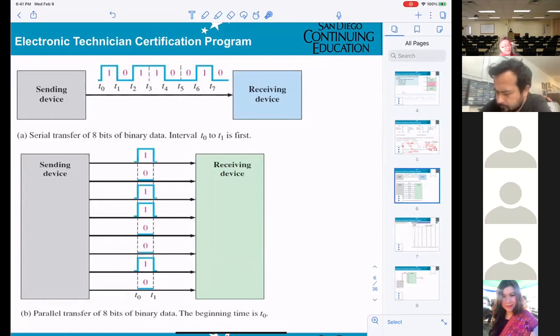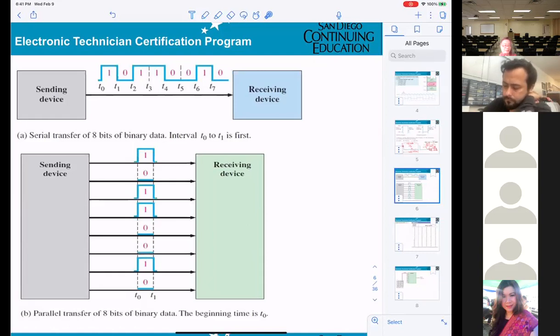However, I'm telling you, they cannot design anything working with serial data. When the wire goes into the phone, inside the phone, they will be using parallel data.